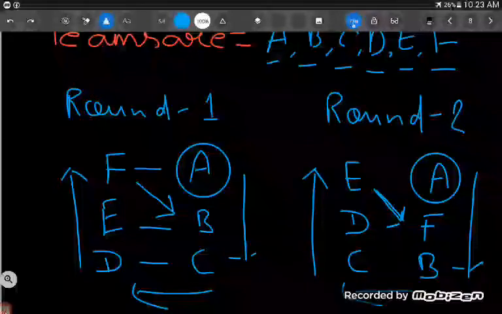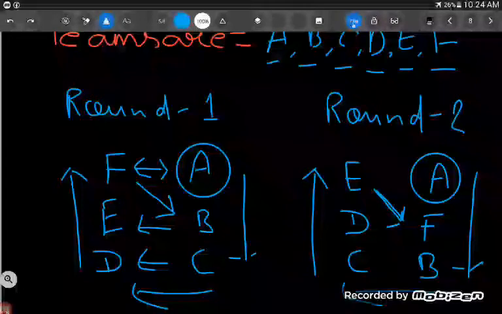I have not discussed here which team will play which team. In the first round I will discuss. A team will play the F team, B team will play the E team, C will play the D team.